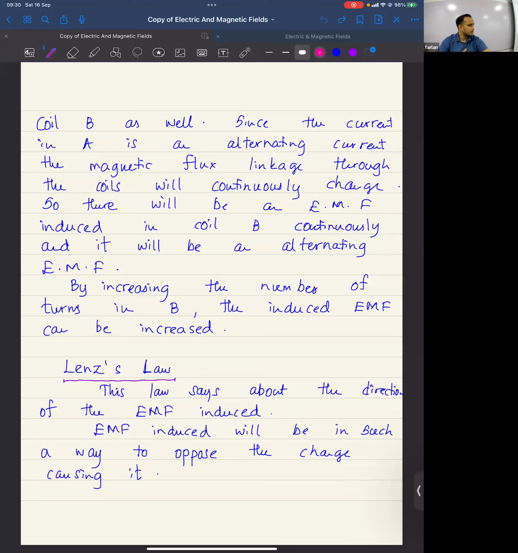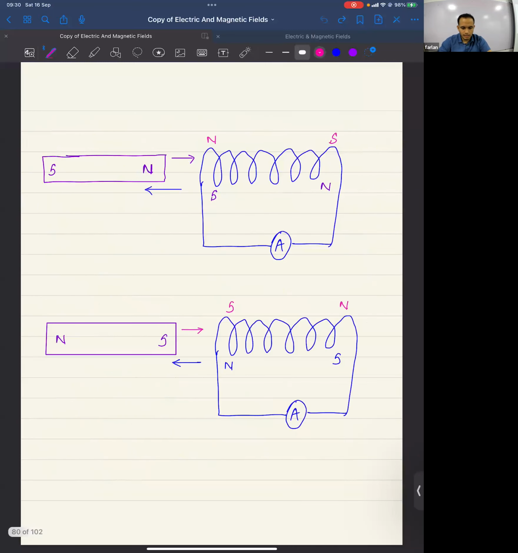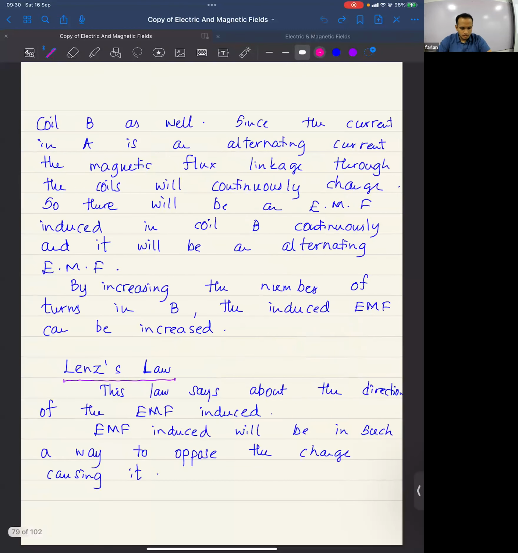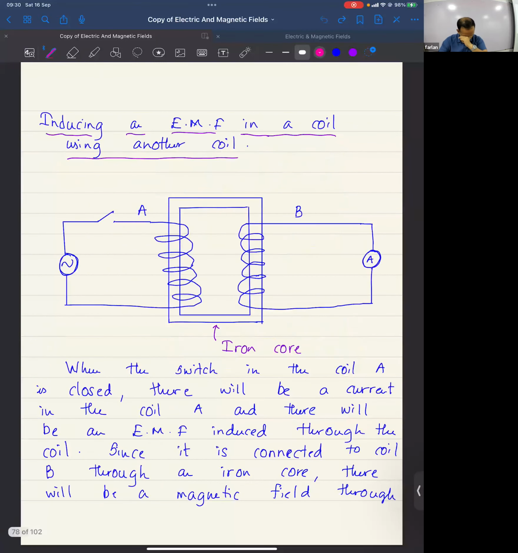Okay, right. Where's the next subtopic? Lenz's law. So could you go to the previous page, please? Okay.